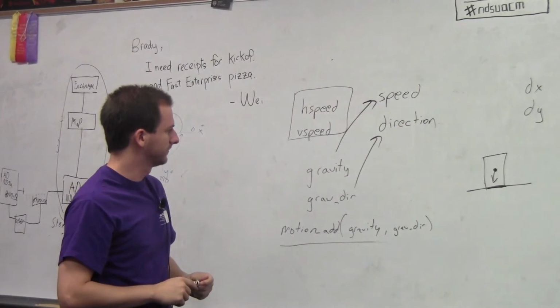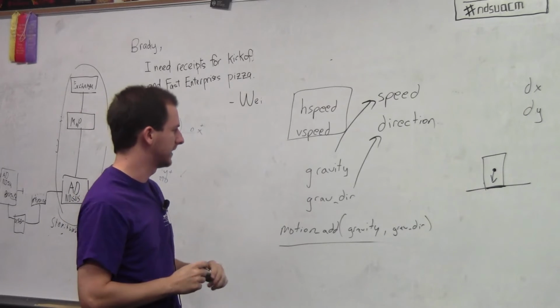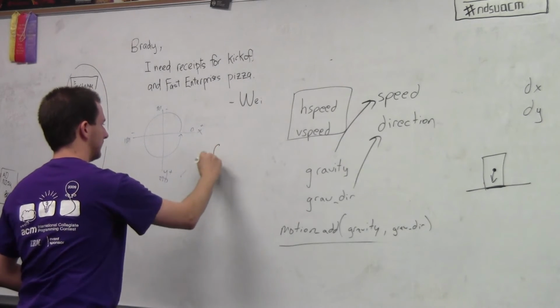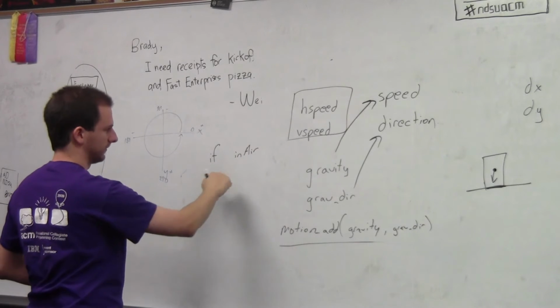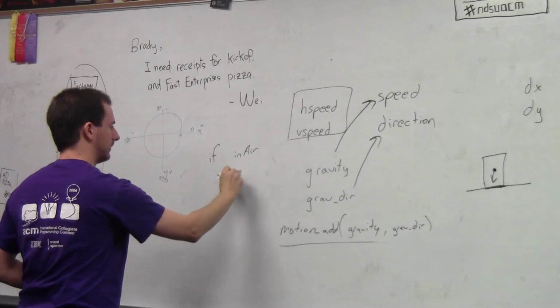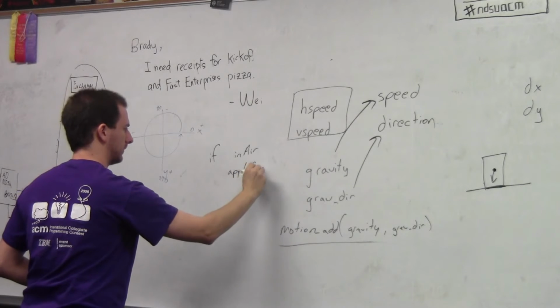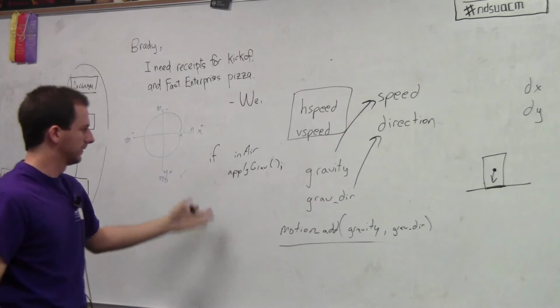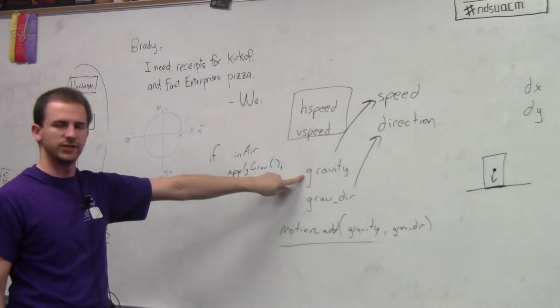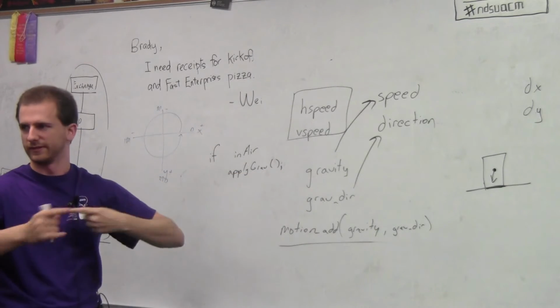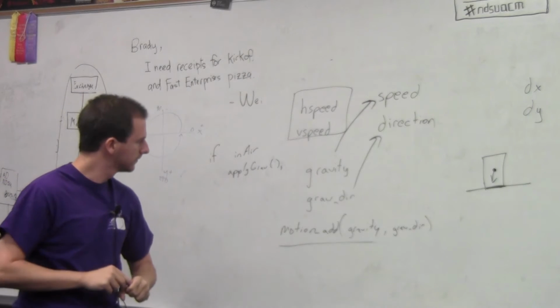It's kind of wonky when instead you could just say, if in air, apply gravity. That seems to make a lot more sense than sitting here and changing one variable due to certain events.